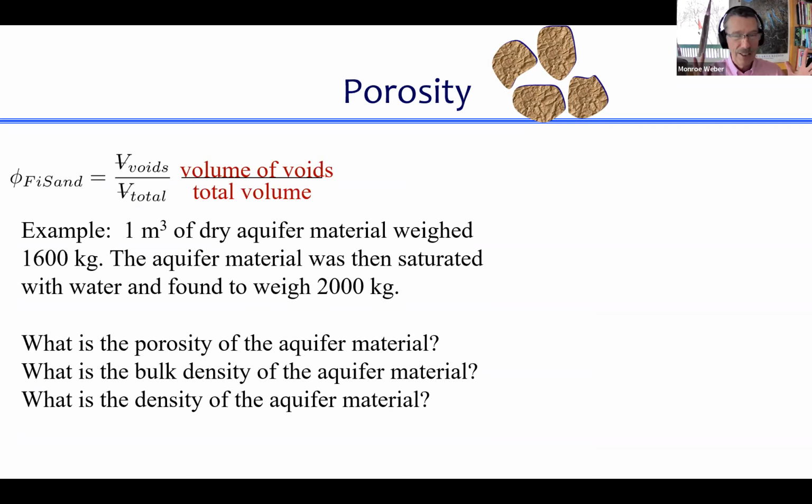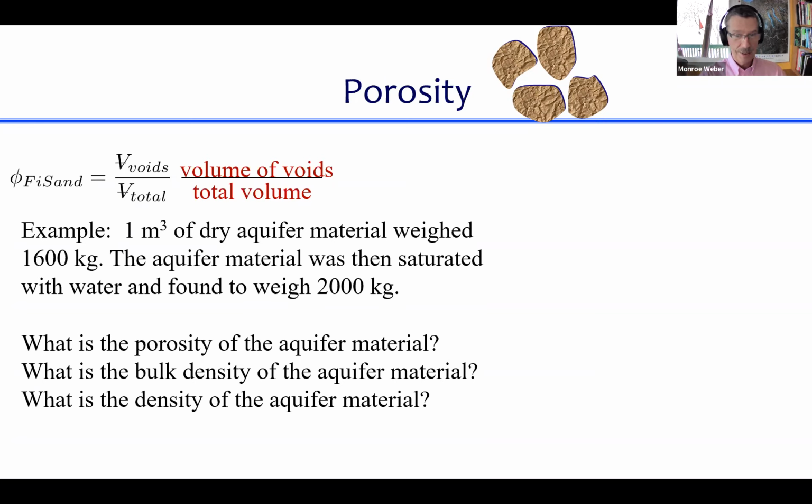So you've got a cubic meter, it weighs 1,600 kilograms. And then you have it in a tank, and you put water in until it's completely saturated with water. And you weigh it again, and now it weighs 2,000 kilograms.